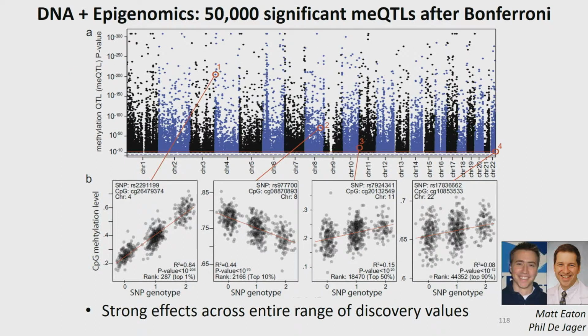And the answer is overwhelmingly yes. If I know your genetics at birth, I can predict what your brain epigenome will look like in 50,000 different regions at 93 years of age. That's a big deal. Why? Because we can then correlate those methylation changes with disease status and then predict these disease changes at birth.